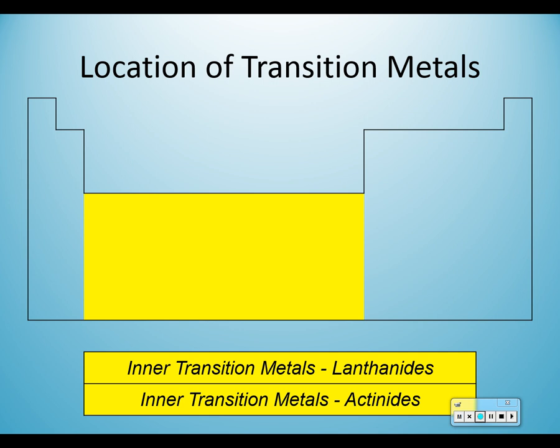Your transition metals show up in the 10 columns in the quote-unquote short part of the periodic table. Okay?